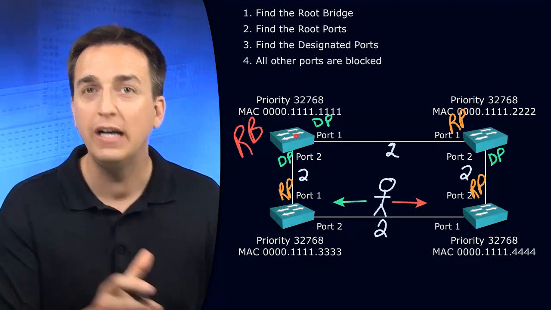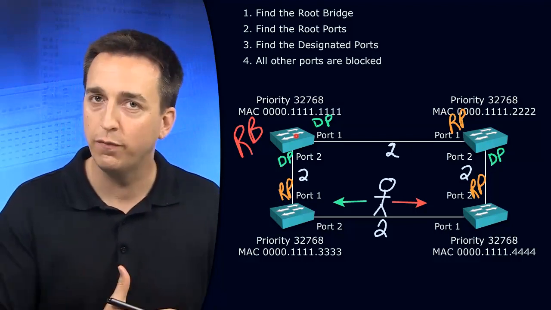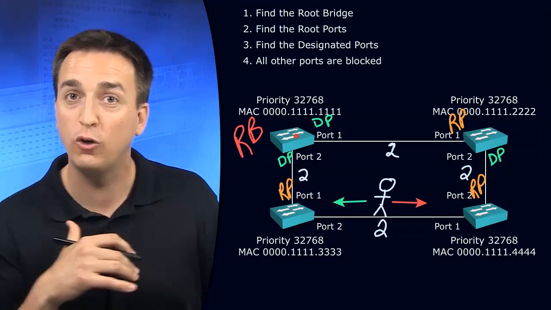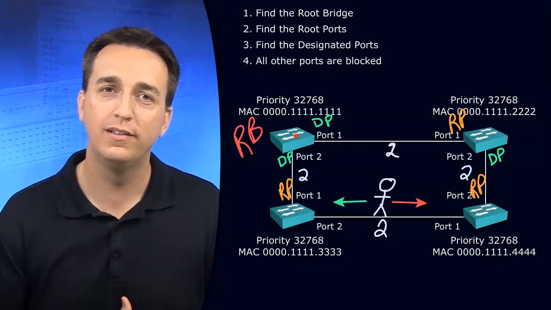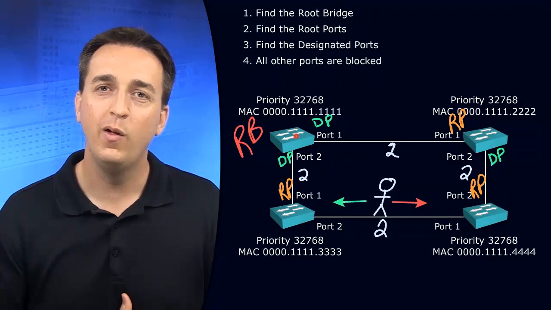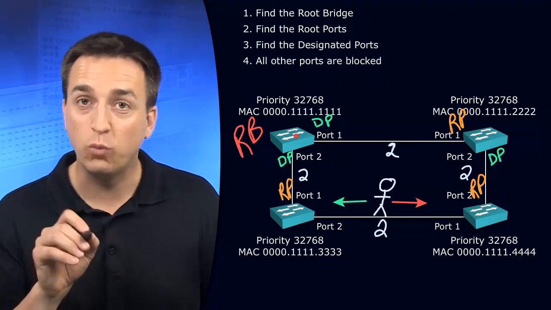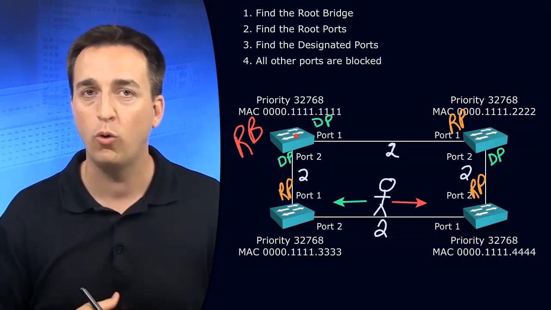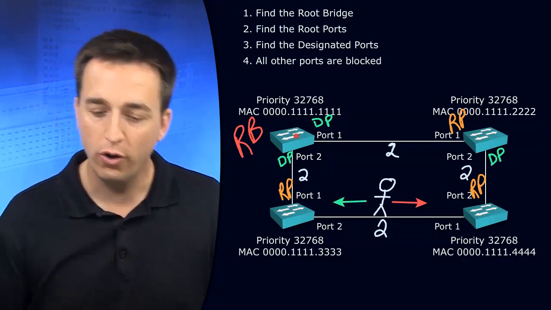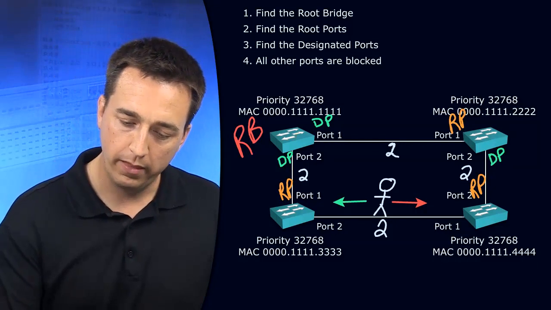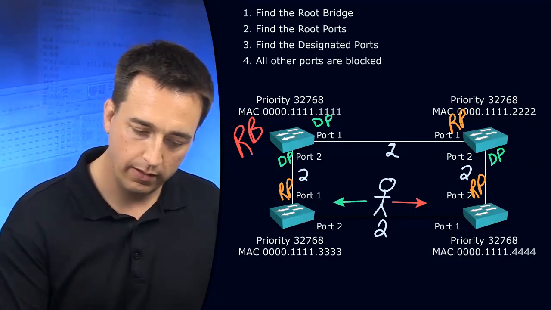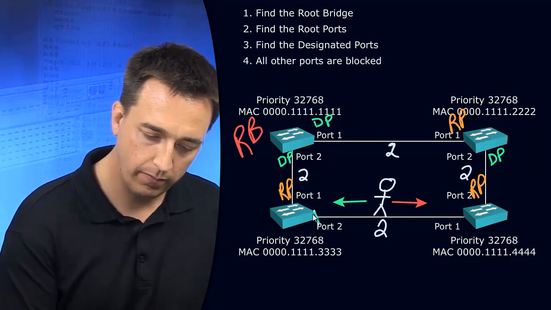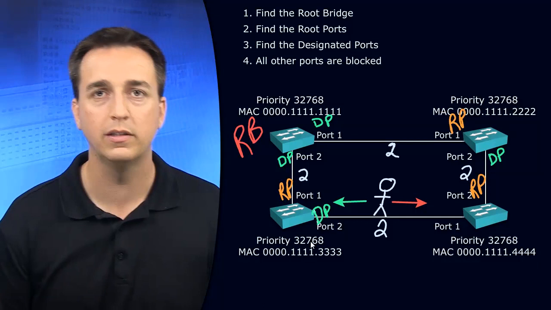Lower is better. Therefore, I want to go on the green path here. I want to take the green arrow. Therefore, that is where the designated port is going to be. So I'm pointing to the designated port now because it's the shorter way to get there. So let's label that. This is our designated port for this link.